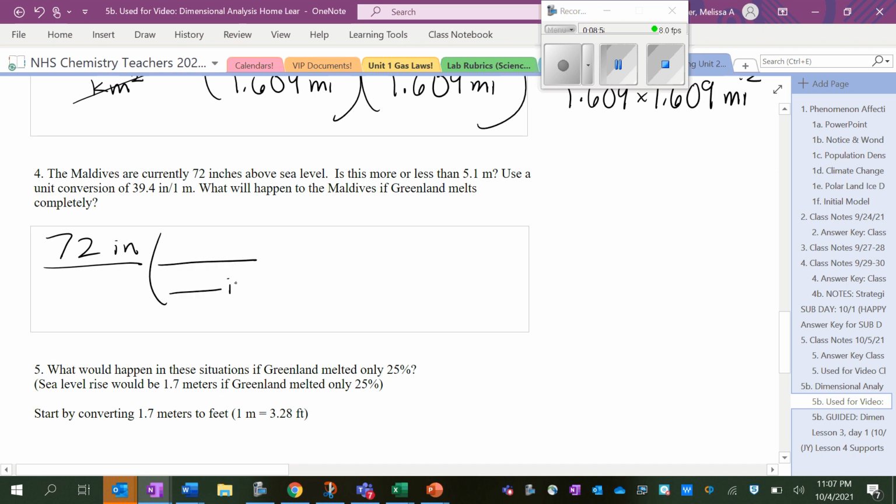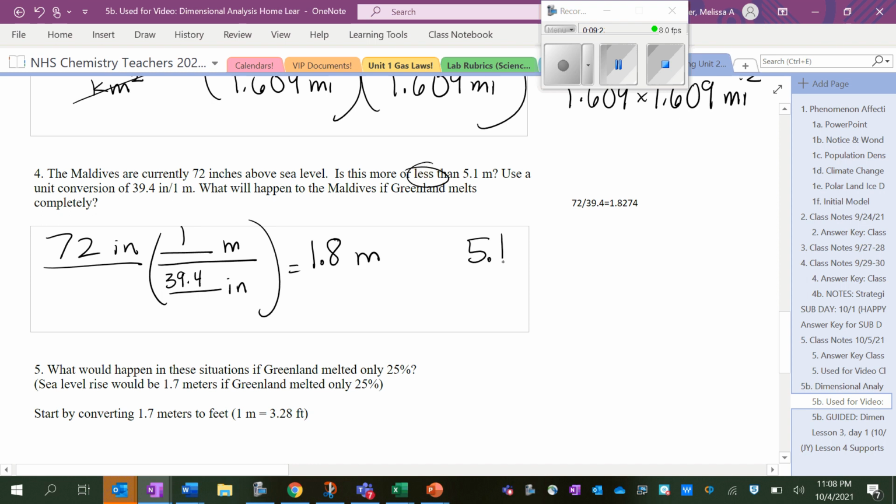So we want to get rid of inches and get it into meters. We know from this conversion 1 meter is equal to 39.4 inches. And we could do it this way. So I've got 72 times 1 divided by 39.4. That's only 1.8 meters, so it's definitely less.